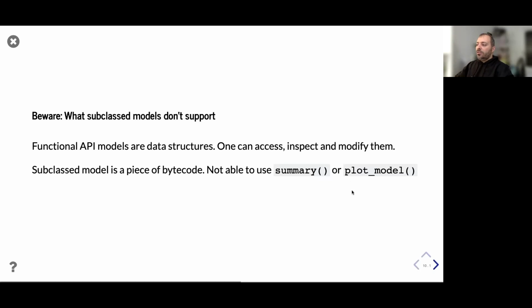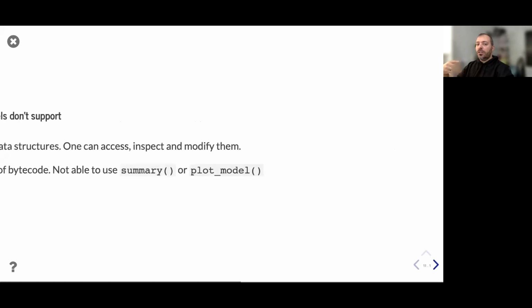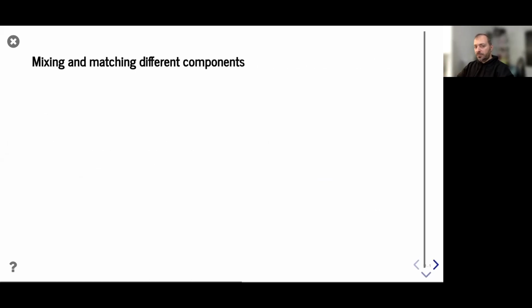And you cannot use, of course, plot model. So things that are useful like compile, fit, evaluate, predict, you can still use them, but some things like summary and plot model, you cannot use them for a subclass model. Another important thing is that you can mix these types. So you don't have to choose only subclass or only functional API or only sequential.